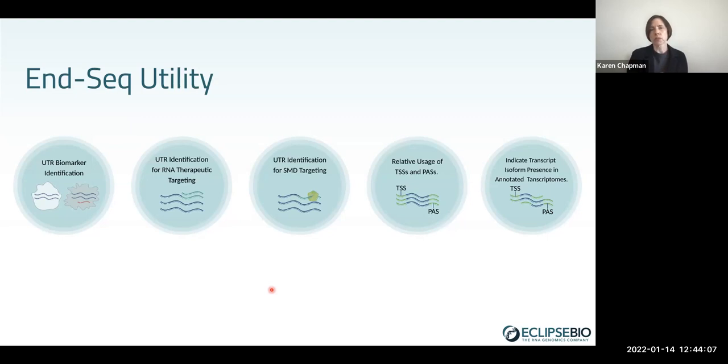But this is also a region of high interest to entities that are interested in targeting particular RNAs with small molecules. And so that is actually one of the uses of it: really precise UTR mapping in cell lines of interest or RNA populations of interest in the context of drug targeting.